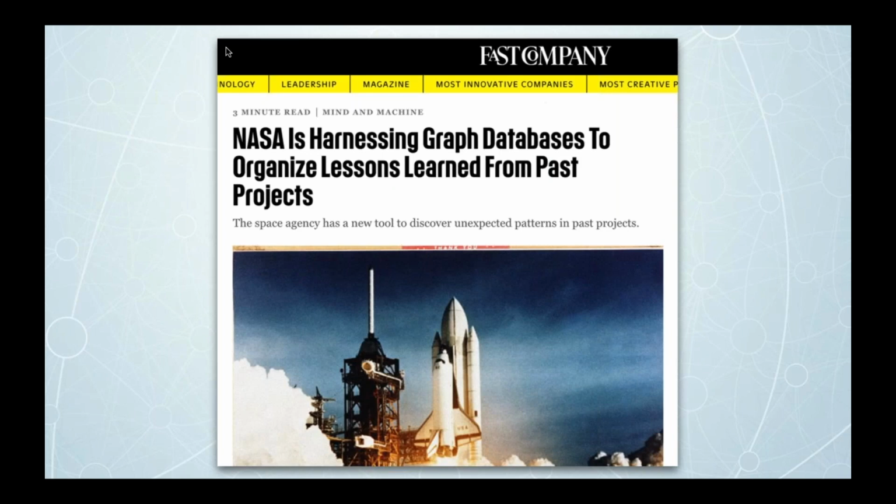And as the chief knowledge architect at NASA, basically what he is trying to do is learn from all of NASA's past successes and past mistakes in order to do the space exploration of the future, in order to get us on Mars.